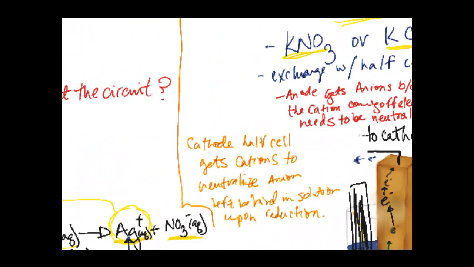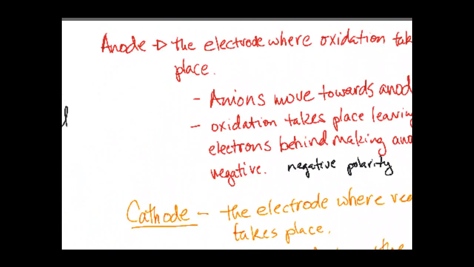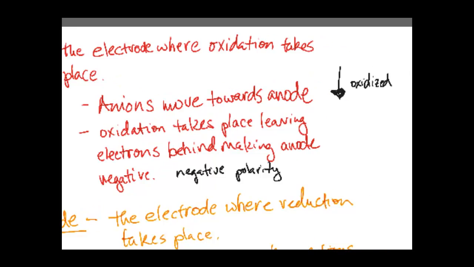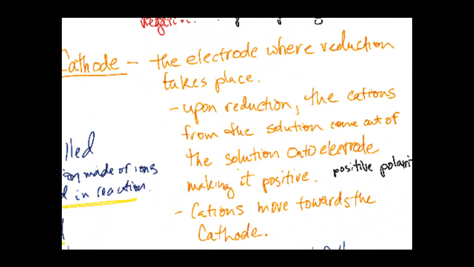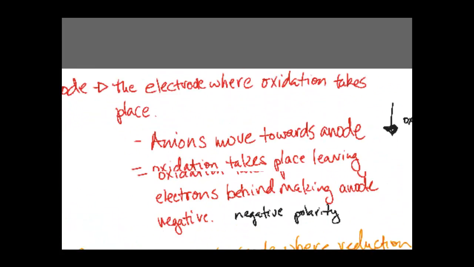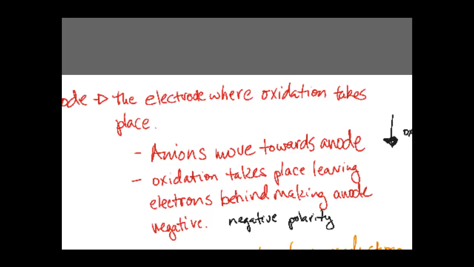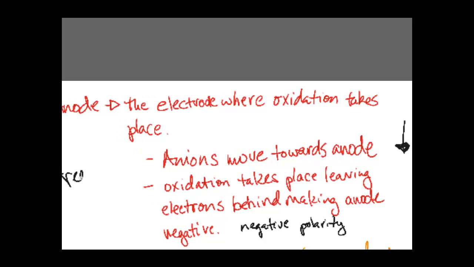That was a lot of information, but very understandable if you just take each piece of the puzzle one by one. Okay, so first know which one's the anode, which one's the cathode. Know oxidation takes place at the anode, even though it's got the reducing agent here. It's opposite, remember.